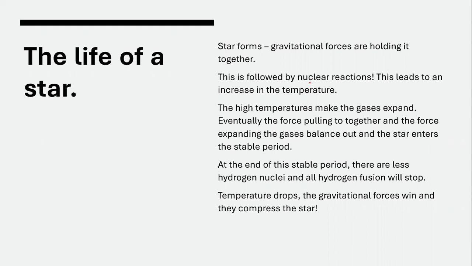So generally what is going to happen is that the gravitational forces, remember, were pulling the gas particles together, that increases the pressure, and that causes nuclear fusion. When nuclear fusion takes place, what will happen? Huge amounts of heat energy and huge amounts of light energy will be released.